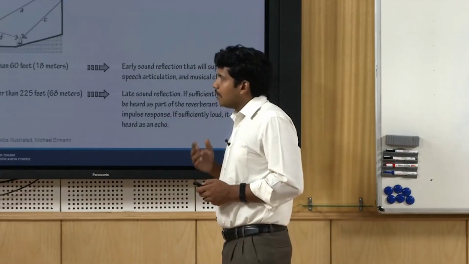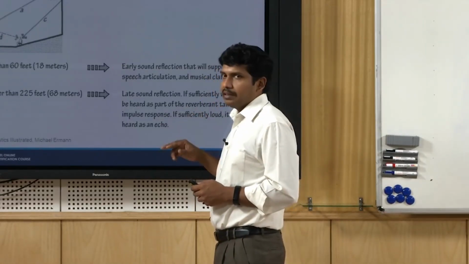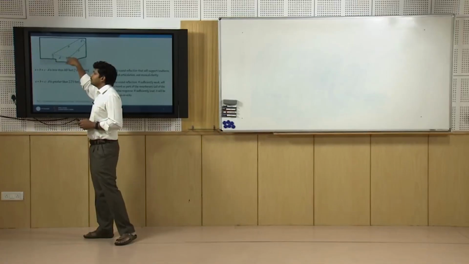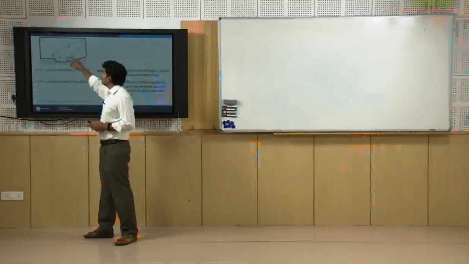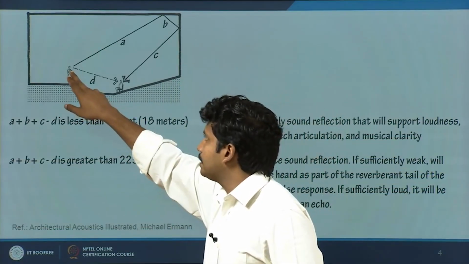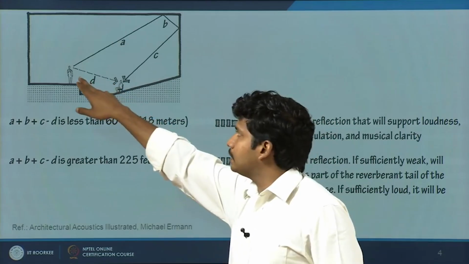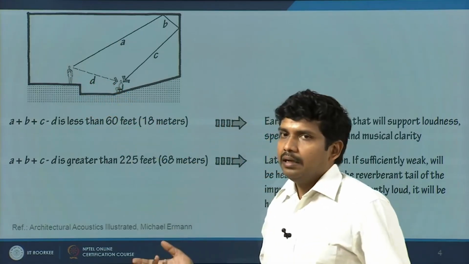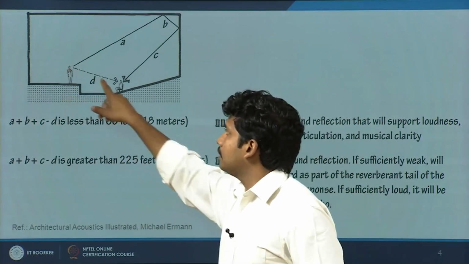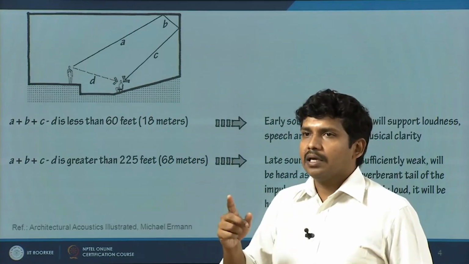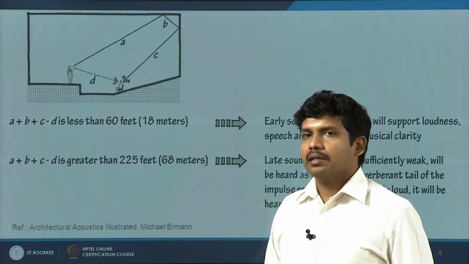So, one attempt to solve this problem would be minimizing the difference between the distances of the direct and reflected sound. How do we do it? Take a case like this: D is the direct sound from the speaker to the listener, who gets it in say 10 milliseconds. Imagine one reflected wave; there might be thousands of reflections.